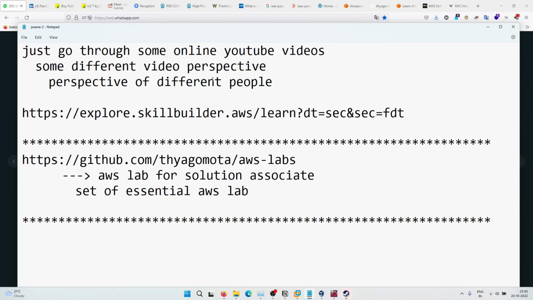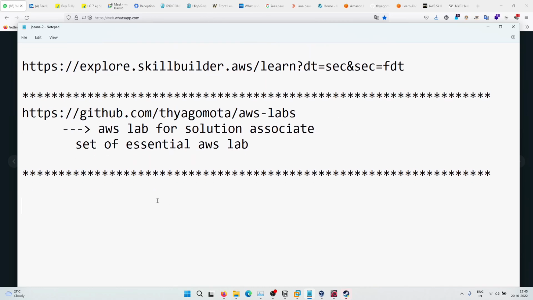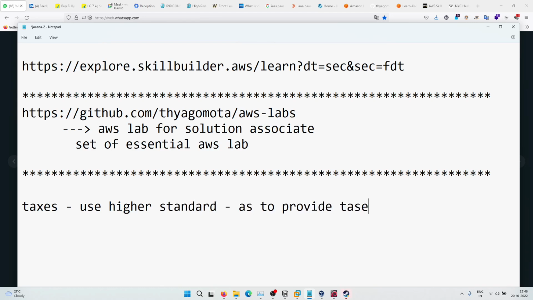See, that's again another concept, the financial part. So there is no issue. We'll discuss in some time because it's all about the taxes. In the US, if you are living to the higher standard, you have to provide taxes.